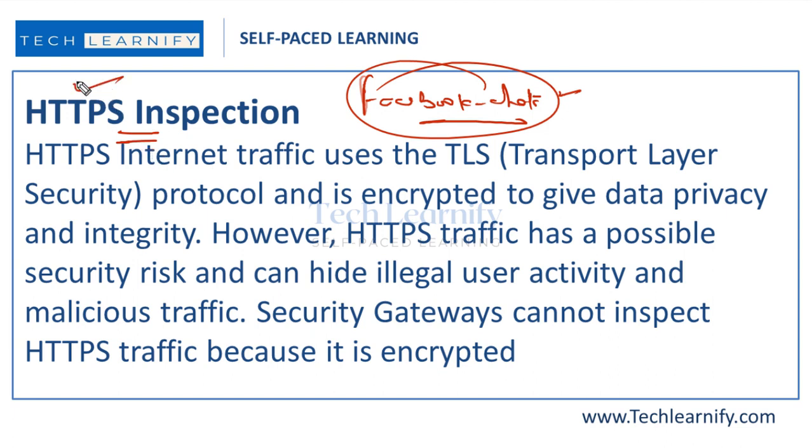If it is not enabled, Checkpoint cannot identify Facebook chat. So it is not only for antivirus, threat prevention, IPS, code injection prevention or content inspection, but also for some applications to work properly in Checkpoint.